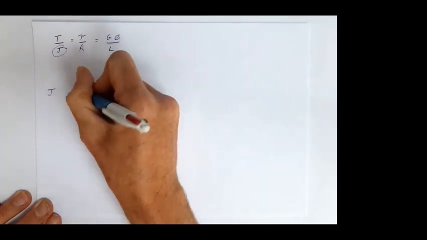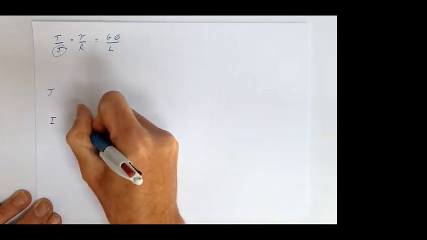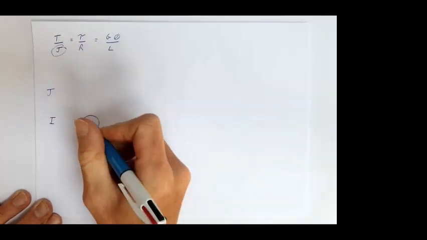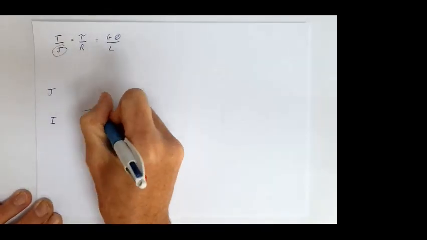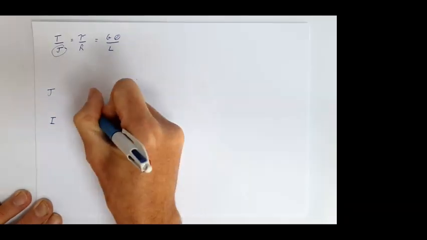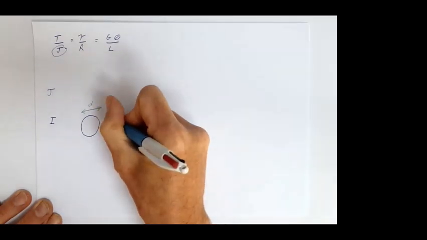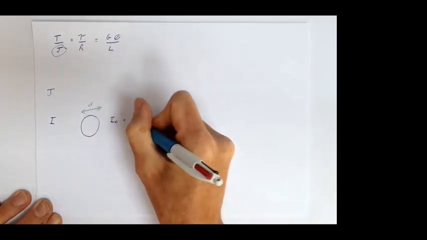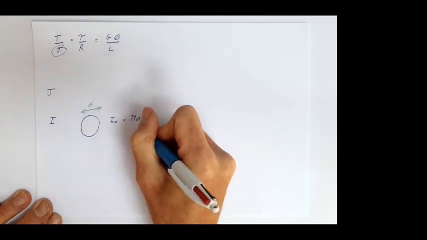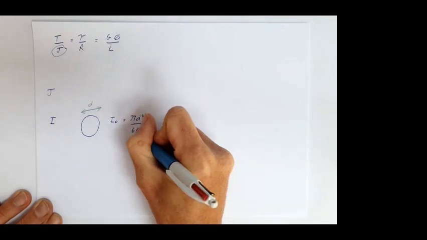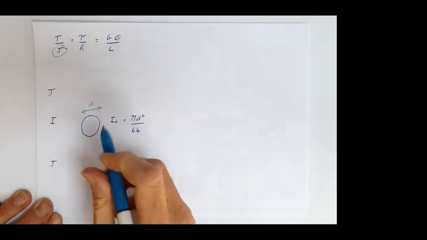So we've seen I for a circle. Let's say that's of diameter D. I for the circle was pi d to the 4 over 64. Now we consider J for the same circle.